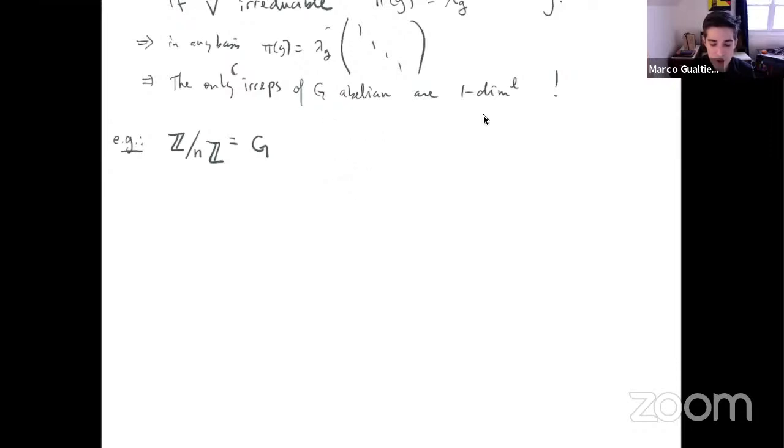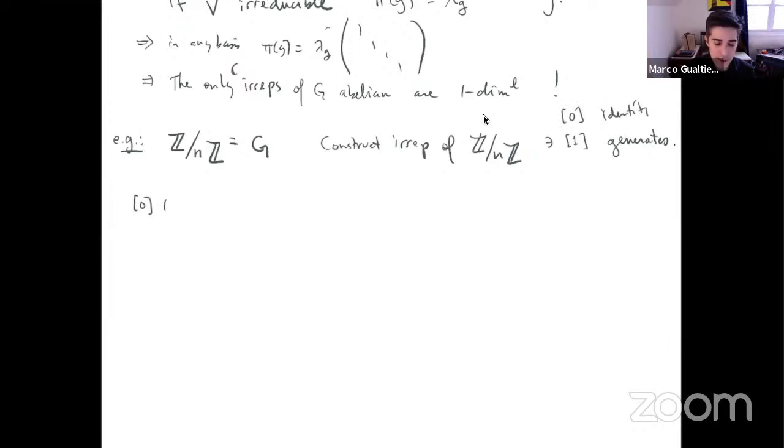Let's construct an irrep of Z mod NZ. So this Z mod NZ has a generator. Let's take 1 to be the generator. The identity, this is the identity. So the identity certainly has to be sent to the 1-by-1 matrix.